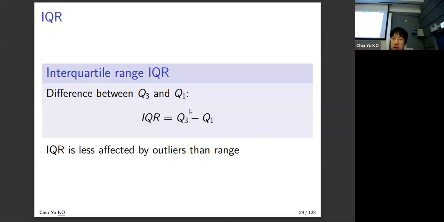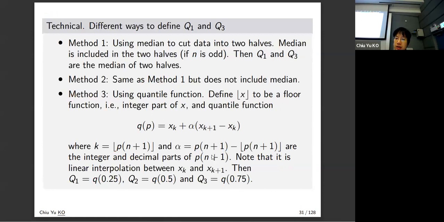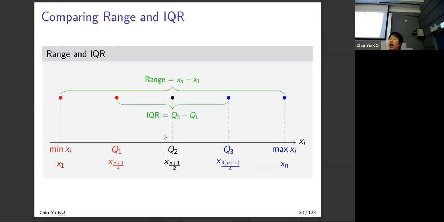When your data is small, defining Q3 and Q1 is not so easy. A quarter is Q1 and three quarters is Q3, but it's not entirely clear how to define those. If you look at the quantile function in R's documentation, there are 9 different ways to do it. Excel has at least 2 different ways.